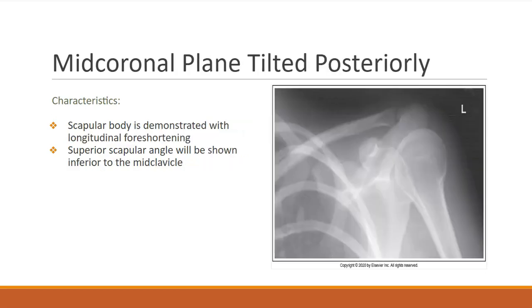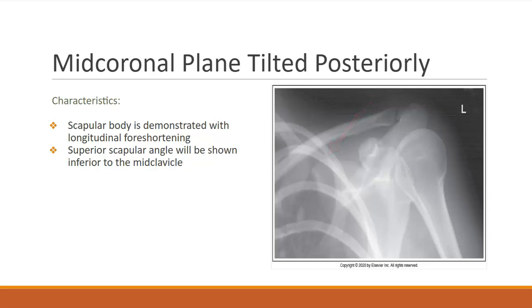Conversely, when the upper mid-coronal plane is tilted posteriorly, similar longitudinal foreshortening of the scapular body occurs. However, in this case, the superior scapular angle is visualized inferior to the mid-clavicle.